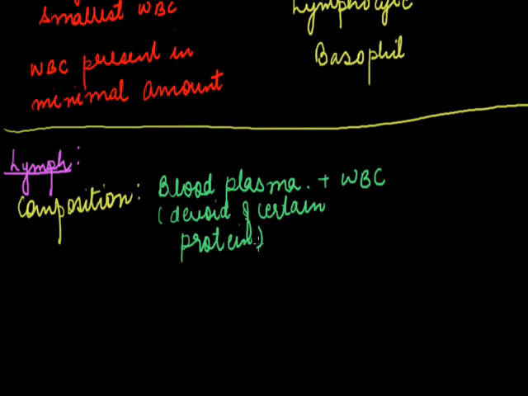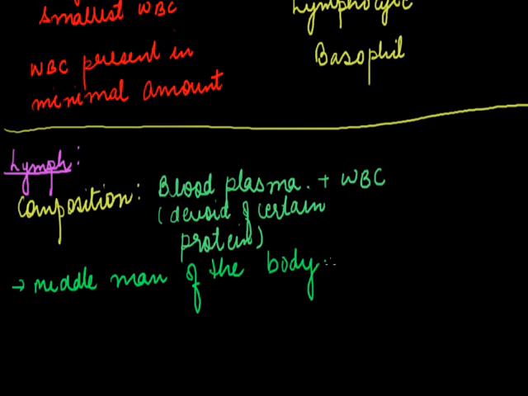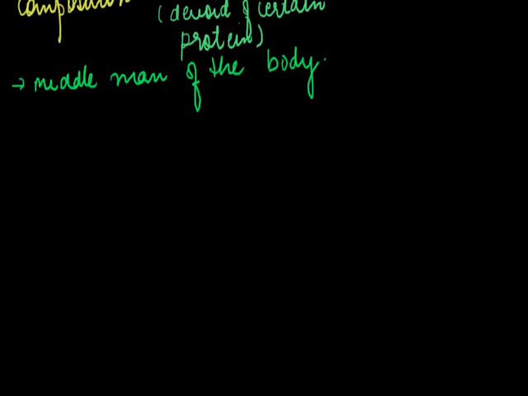Or we can also say that it is that portion of the blood which does not contain RBC. This lymph is commonly regarded as the middleman of the body. It is present between blood and organ and transports the nutrients from blood to the organ and from organ to the blood.